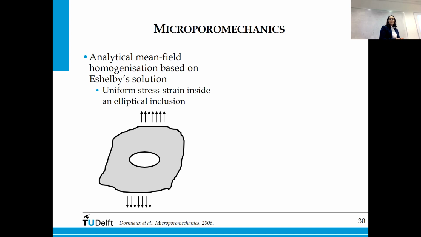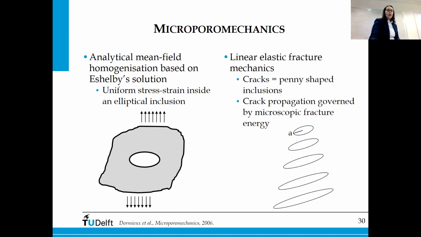With this knowledge, you can derive the stiffness tensor of your composite material with elliptical inclusions in an analytical way. But still, we need to describe damage. So by coupling this with linear elastic fracture mechanics, Professors Dormieux and Kondo developed the micropore mechanics theory.